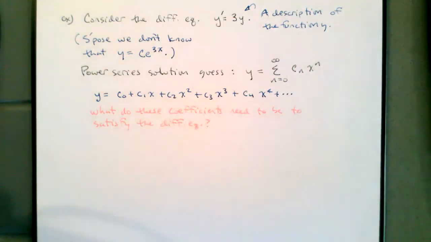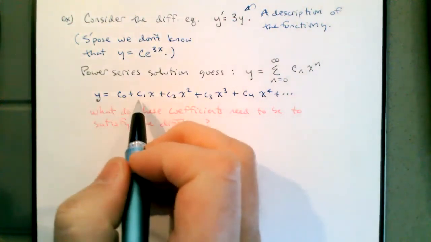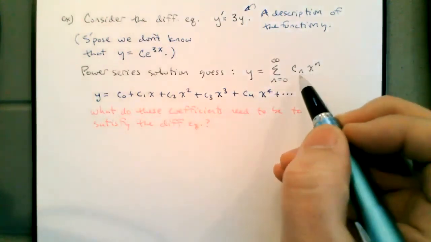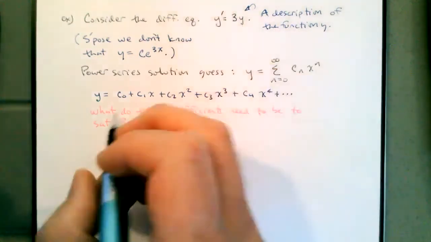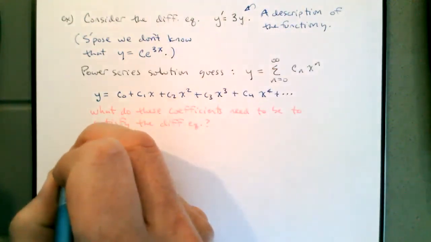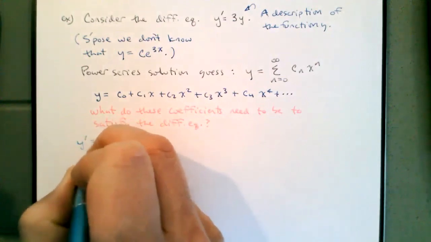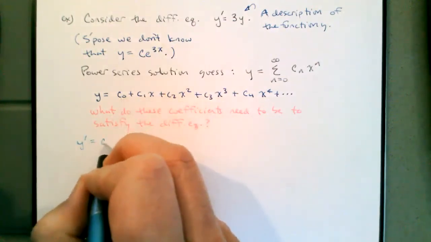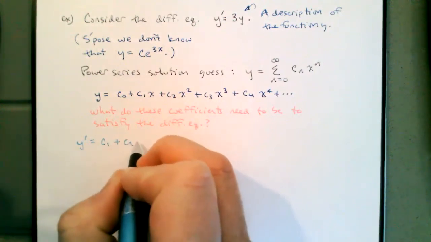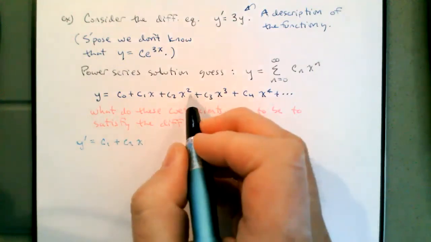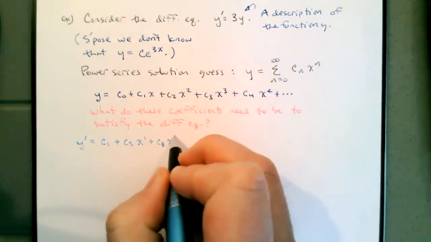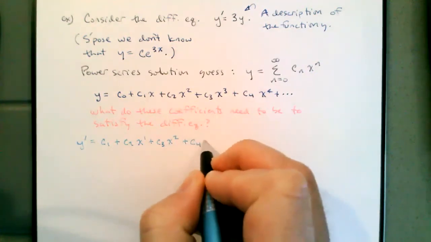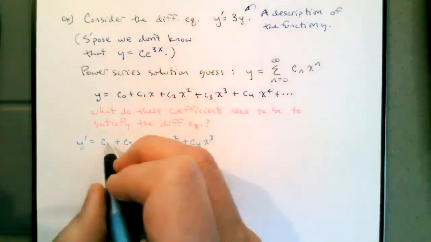So if y is c0 plus c1x plus c2x squared, that's the sum of c_n x^n. That's going to go in for the y. I also need something to go in for y prime.